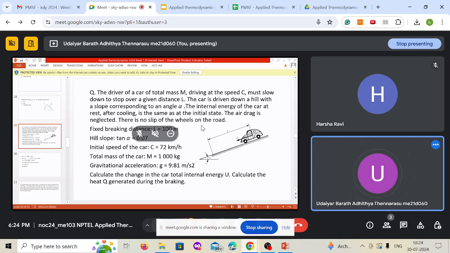The fixed braking distance is 100 meter, so you have to stop in that 100 meter distance. The hill slope is given as tan alpha is 0.07. The initial speed of the car, which is the speed at the top, is 72 km per hour. The total mass of the car is 1000 kg. And the acceleration due to gravity is 9.81 meter per second square. So we have to calculate the change in the car's total internal energy, and calculate the heat Q generated during the braking.